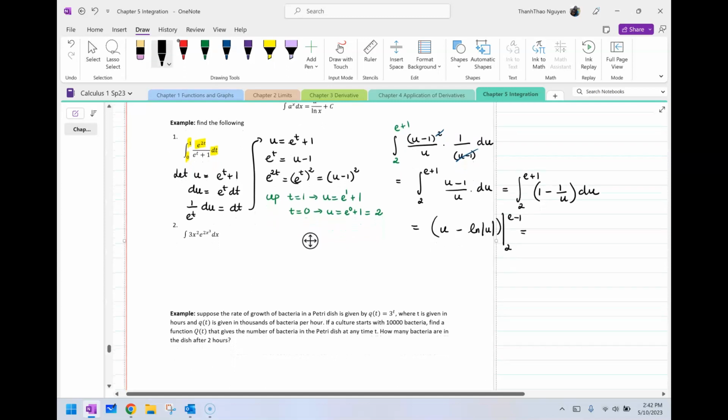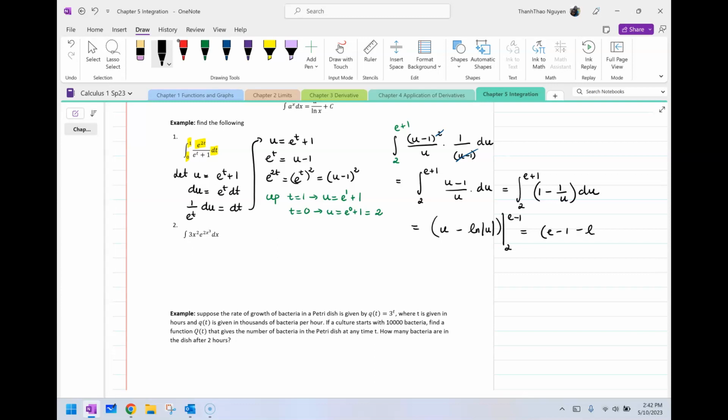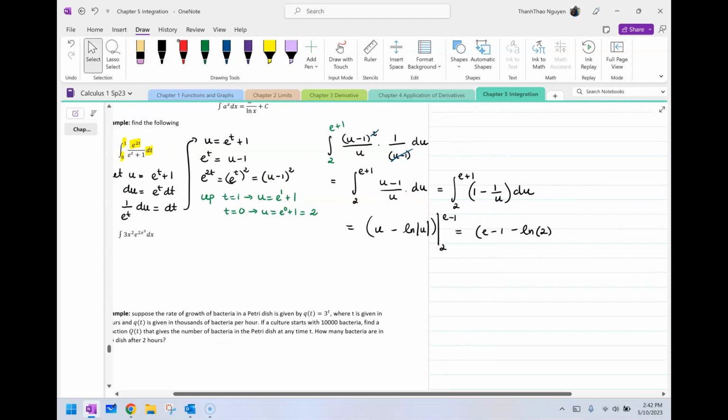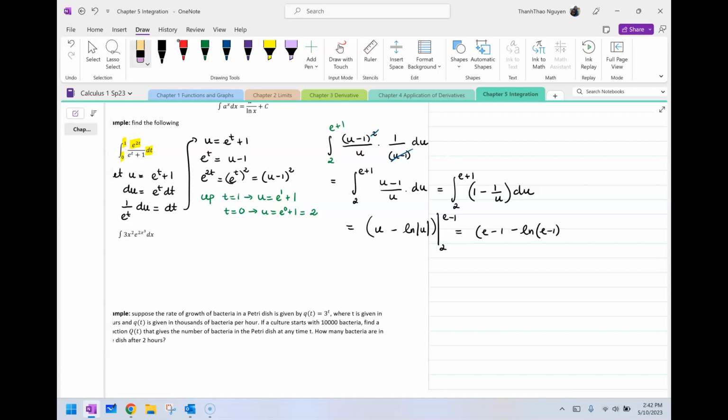Now this becomes e plus 1 minus ln of e plus 1, minus 2 minus ln of 2.